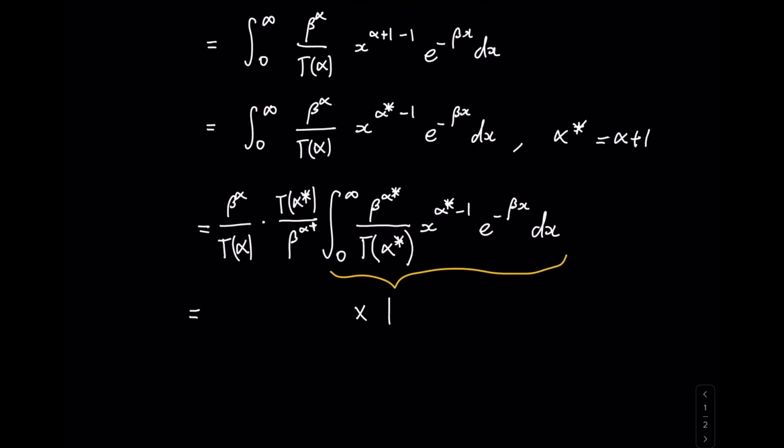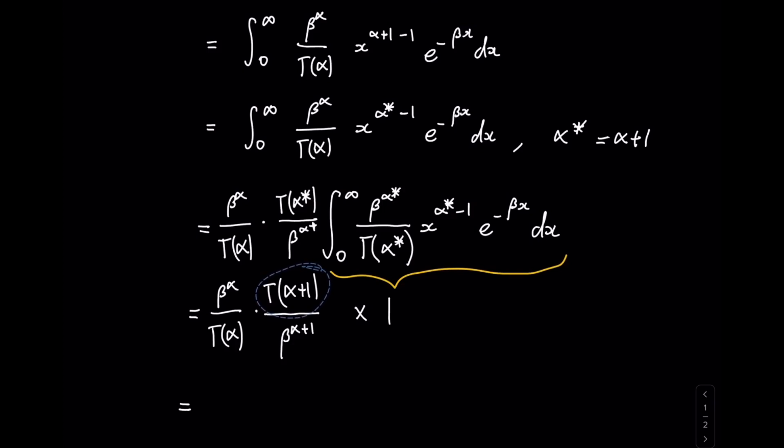We've still got the starting parameters, so we've still got beta to the alpha on gamma of alpha. And now I'm just going to rewrite our alpha star as alpha plus 1. I'm going to resubstitute in the expression that we had here, alpha star, and then that will be all over beta to the alpha plus 1. And if we do a little bit more simplification here, we're going to use one of the properties of the gamma function.